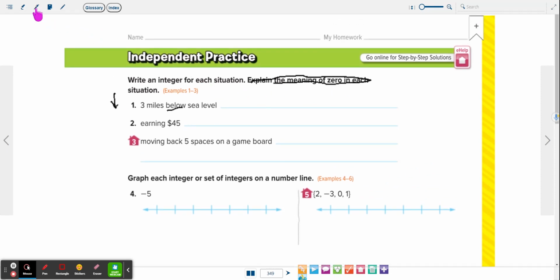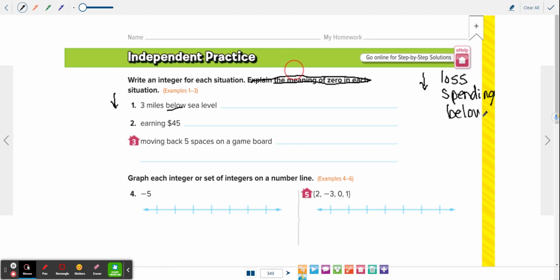Ones that go down are a loss, spending, below, under, things like that are going to go down. They're going to be negatives, okay?